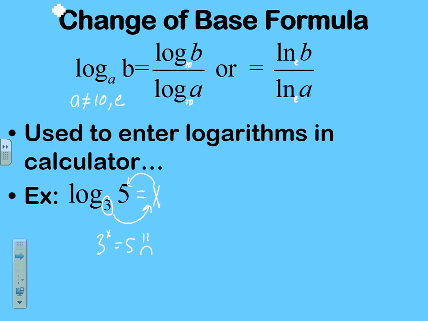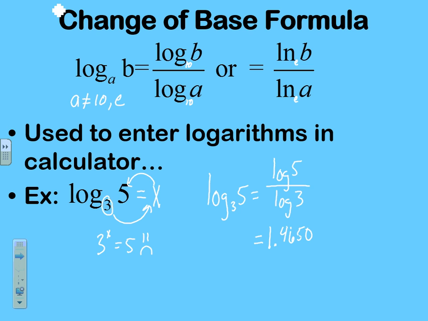So instead, if we have log base 3 of 5, what we will do is write it as a ratio of log base 10 of 5 over log base 10 of 3, and we don't need to write the base 10, and type that into our calculator, and we will get about 1.4650.